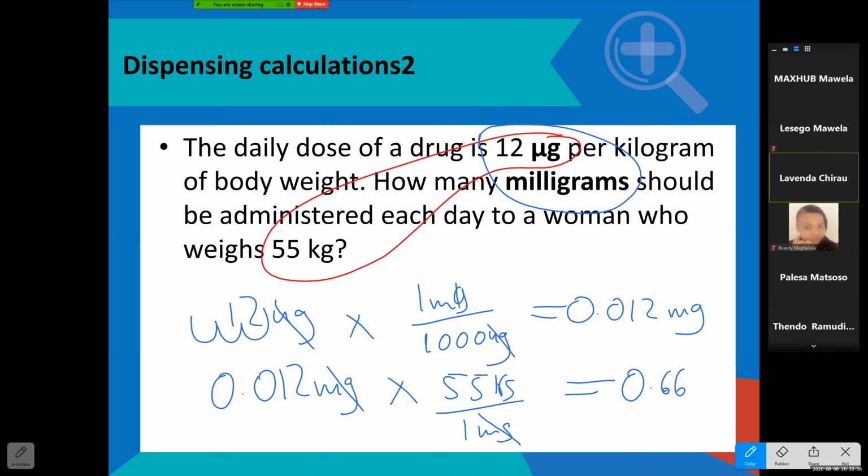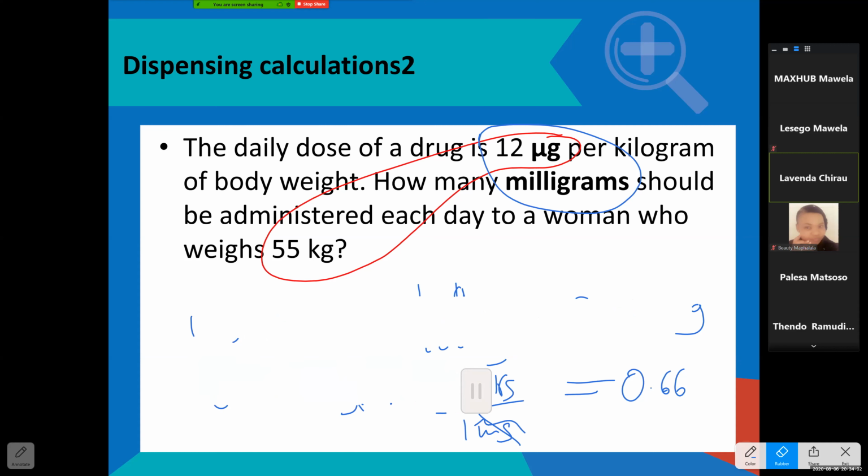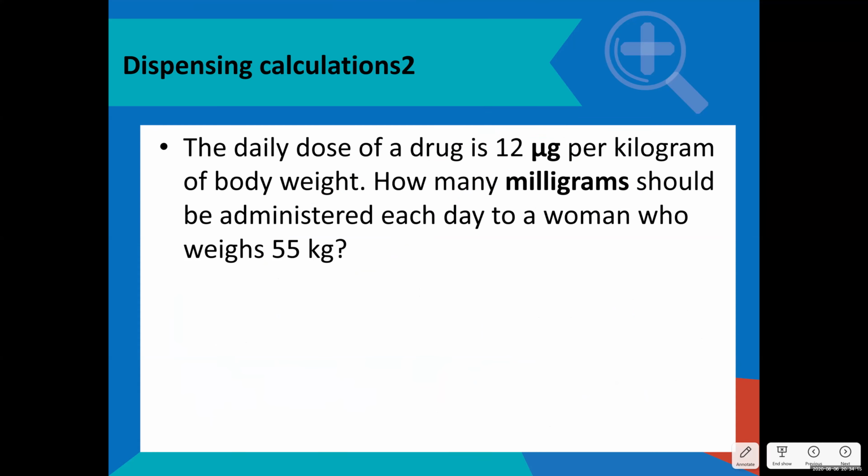I think I got it wrong there, but your answer is 0.66. So the key thing here is to make sure that you do two things. One, you convert and you calculate the dose. Or if you start with the dose, at the end you must convert it and make sure that you answer two questions, right? I hope that is clear.